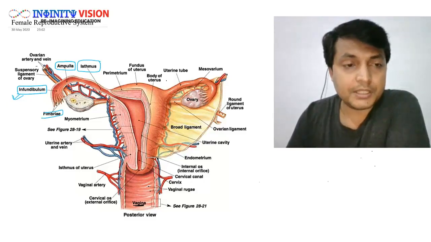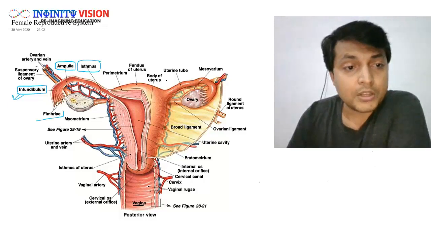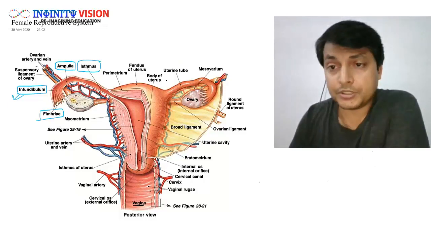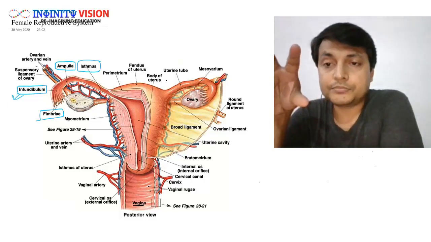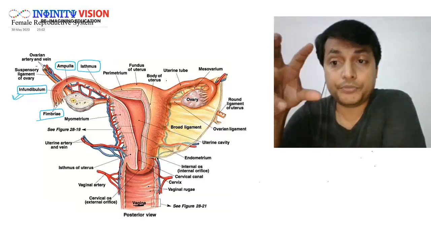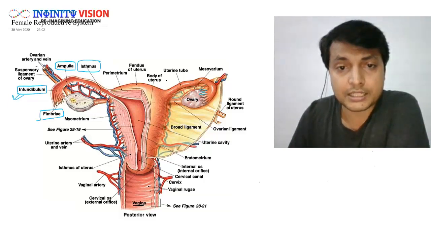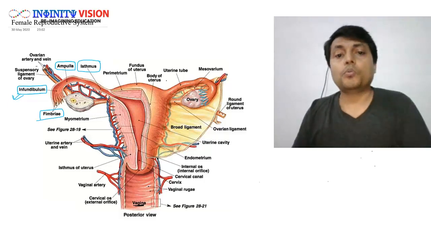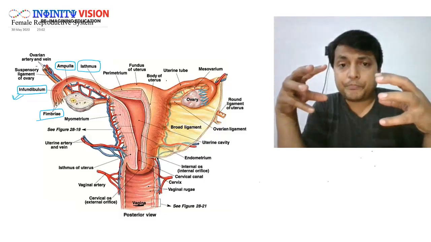Now these fimbriae are finger-like projections which are partially covering the ovary. Can you see here? So these are fimbriae. Why is it so?